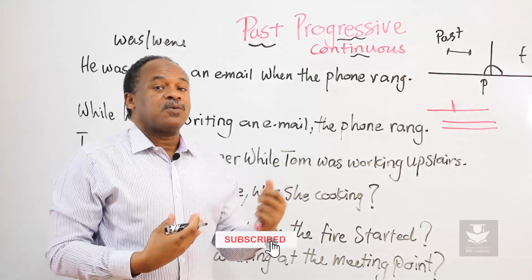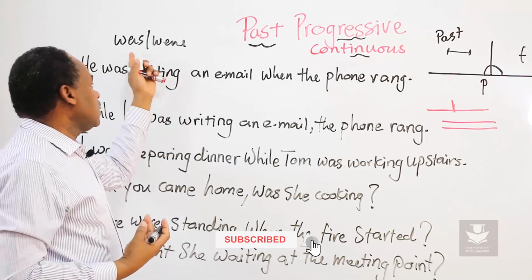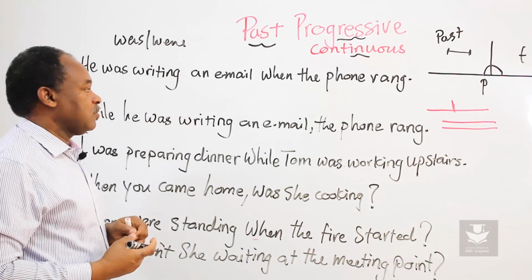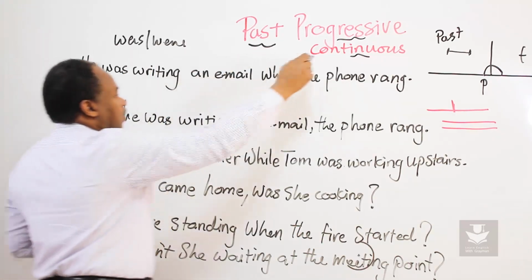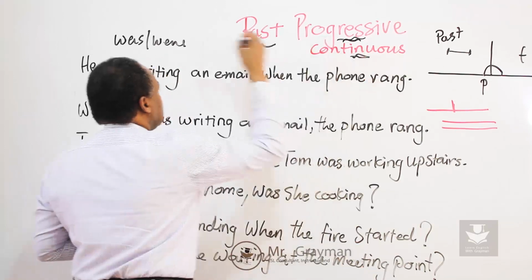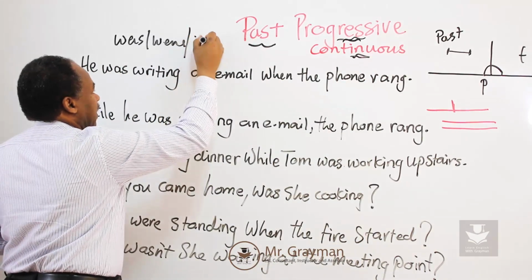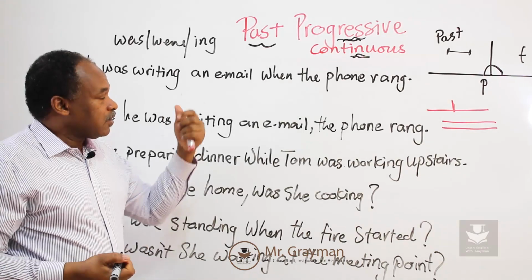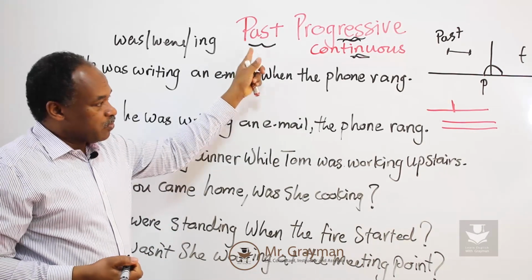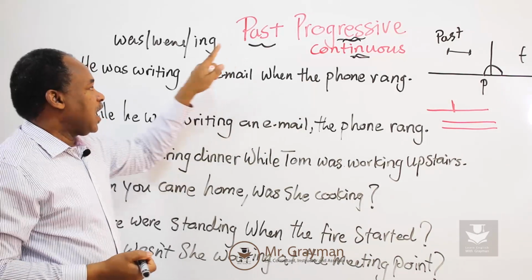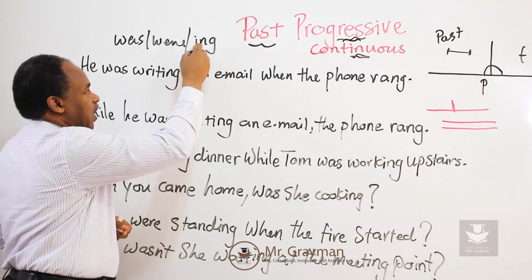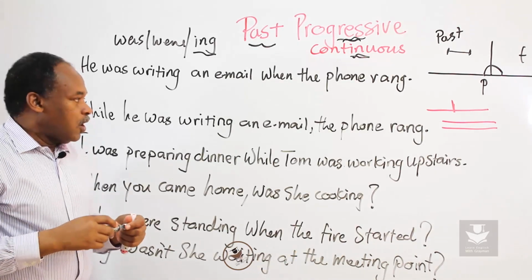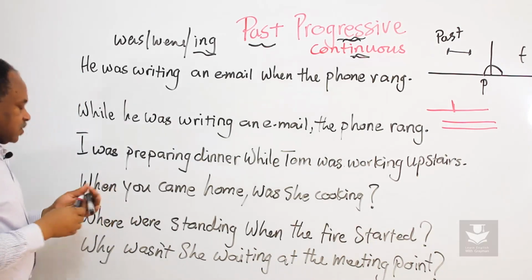I detailed how to make the past and the present of verb to be, so this will be very clear to you. And what makes it progressive or continuous is that it has got ing in the verb. If you go back and watch the present continuous or the present progressive tense, I talked about the rule of how to add the ing to the verb. Okay? Now let's look at the examples.